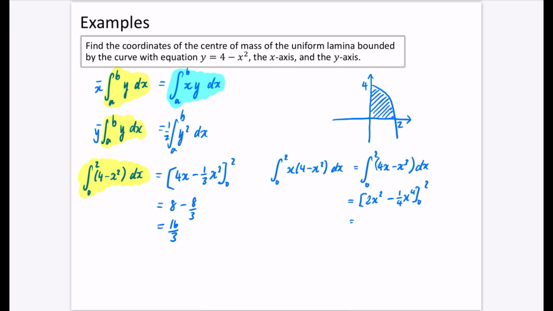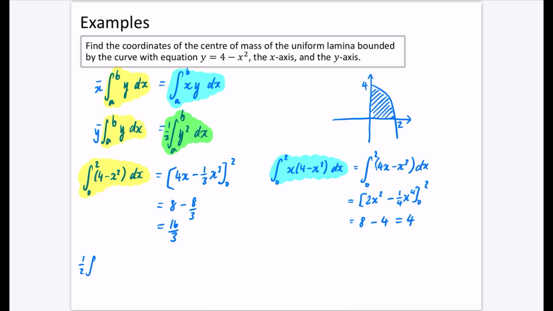So subbing in 2, that is going to be 2 times 2 squared, that's 8, minus a quarter times 2 to the power of 4, which is 4. So that one is just equal to 4. So there is the blue part that I was working out. I'm going to do the last one, which is my half y squared dx. So I'll probably see if I can fit this in here. So I'm going to do my half.